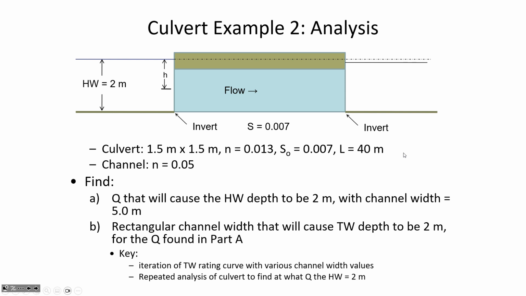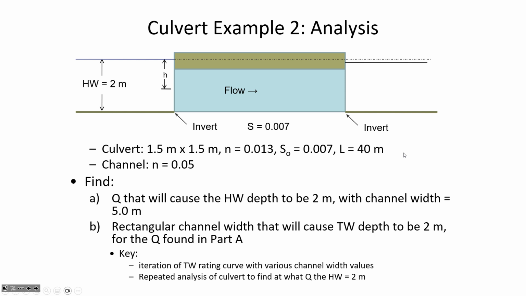Okay, so it should be 100 meters minus 0.007 times the length of the culvert, which is 40. And so over the course of 40 meters of horizontal length, the elevation that we're going to be losing is 0.007 times that.